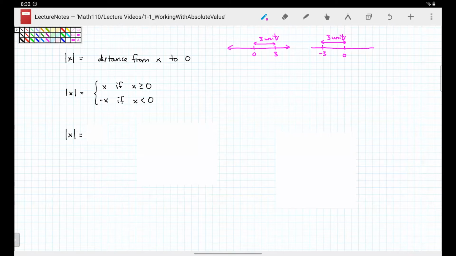And thinking about what this means, if x is positive, then it's just x because it's that distance from 0 in the positive direction. If x is negative, it has a negative sign in front of it, so the opposite of x would be the positive number of the same size as x.